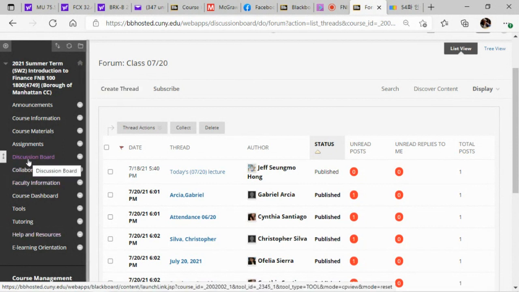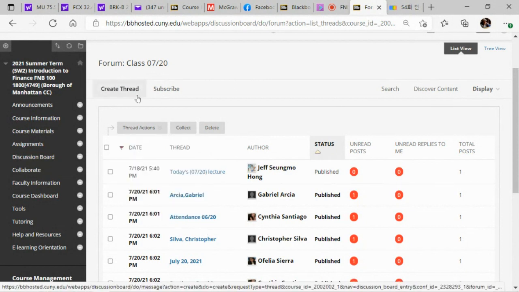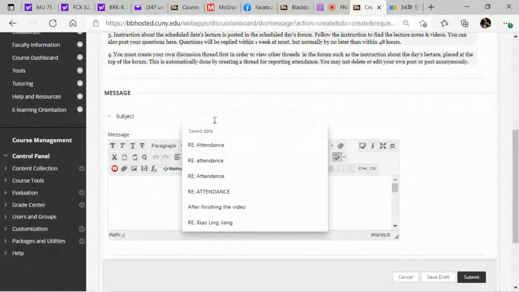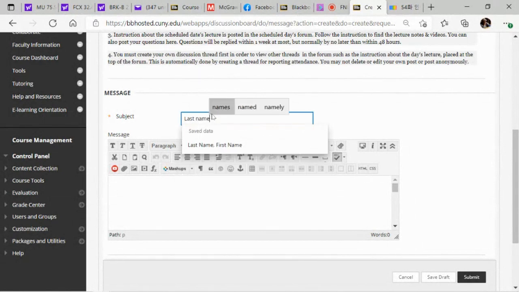If you go to the discussion board, you will find today's forum. There's only one forum that's visible. Go in there, and on the upper left there's the create thread button. Click on it and enter your last name first, comma, first name.